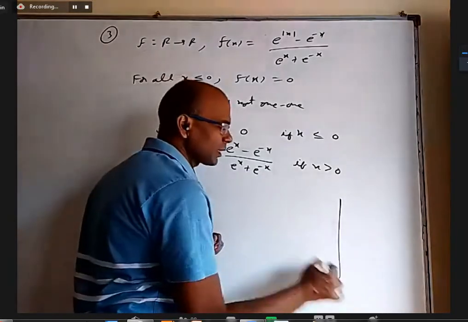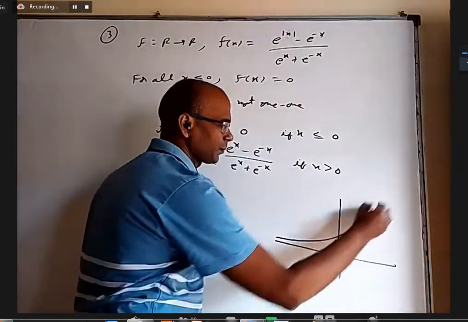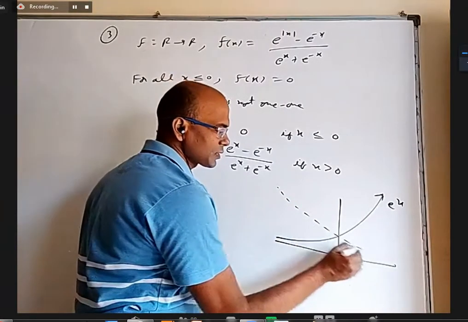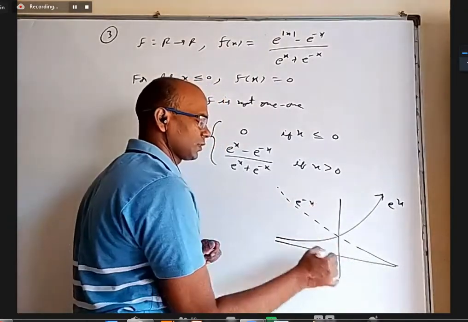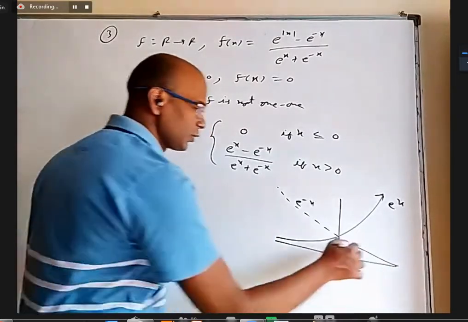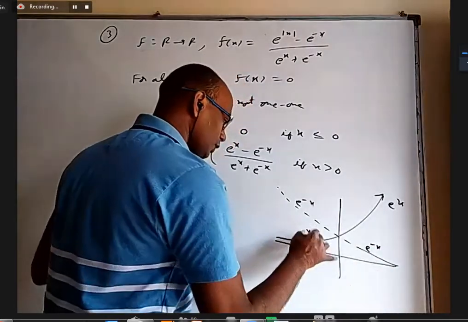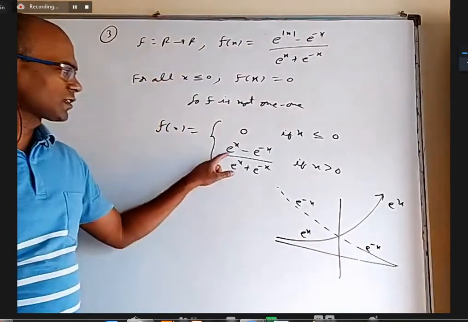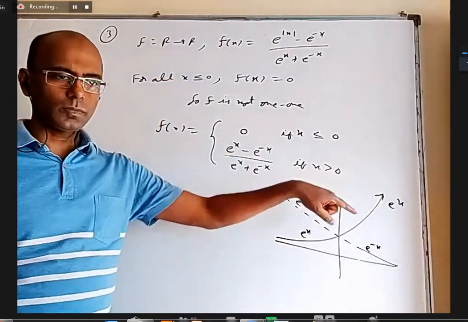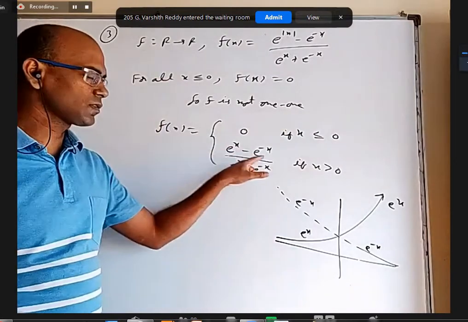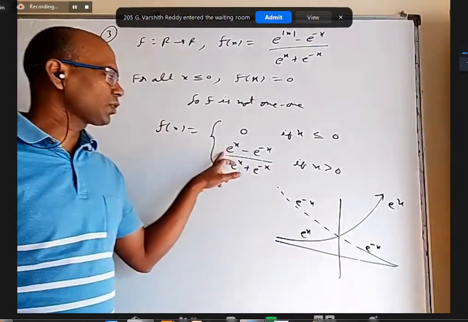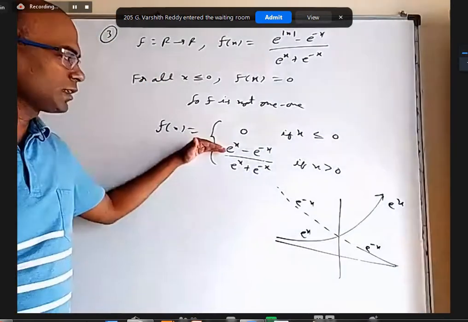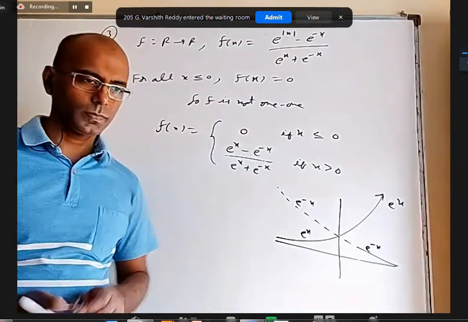Why? What is the graph of e power x? This one. This is a graph of e power x. What is the graph of e power minus x? This one. So for all positive values, you can see e power x is higher and e power minus x is lower. In fact, this will be more than 1. When you take any number more than 0, this will be more than 1 and this will be less than 1. A number more than 1 minus a number less than 1 will be positive. So numerator is positive, denominator is positive.